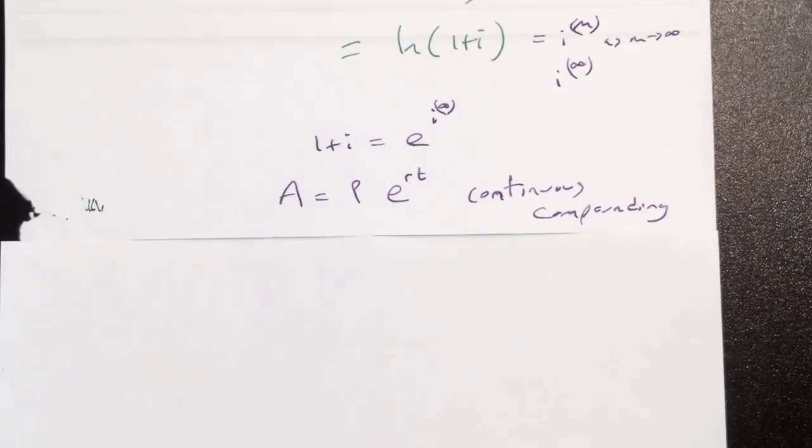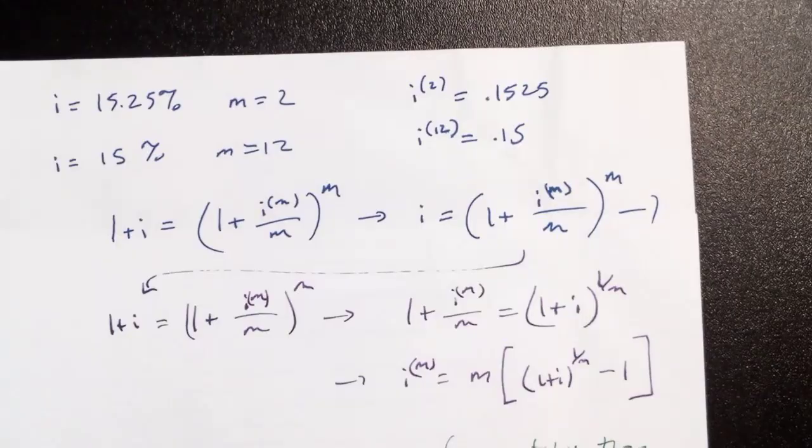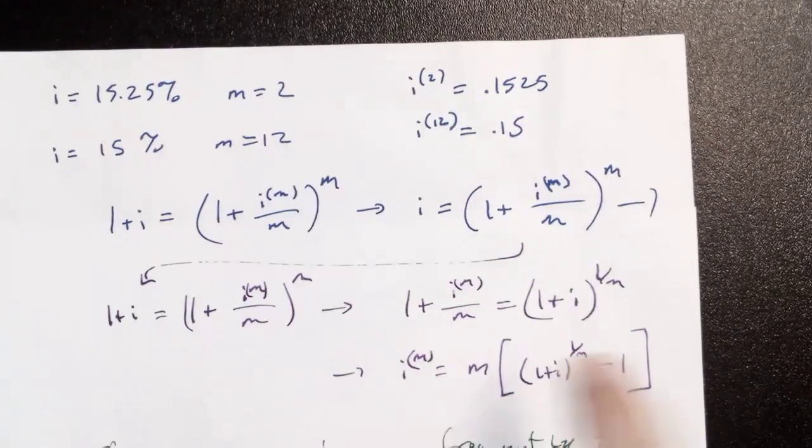Again, I stole this formula direct from the textbook, right? This formula. Unless I did something dumb in the calculations, which is possible. 1 plus i to the 1/2, minus 1, times 2.